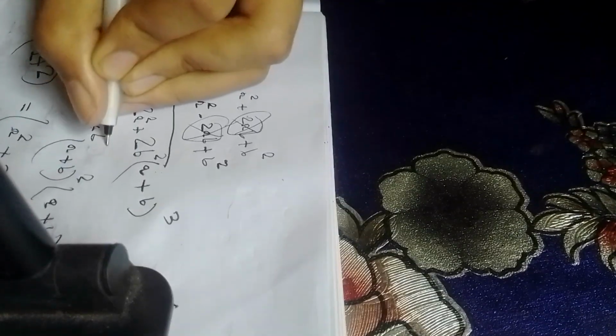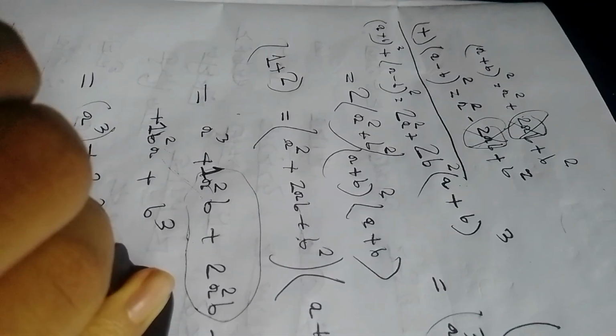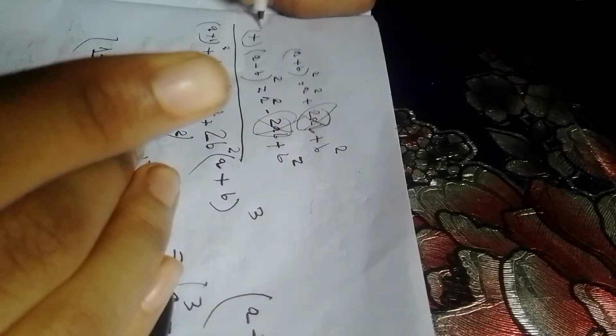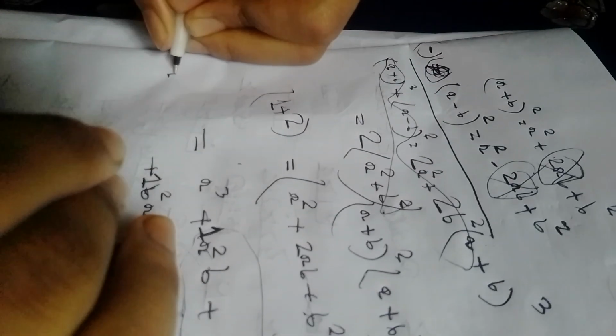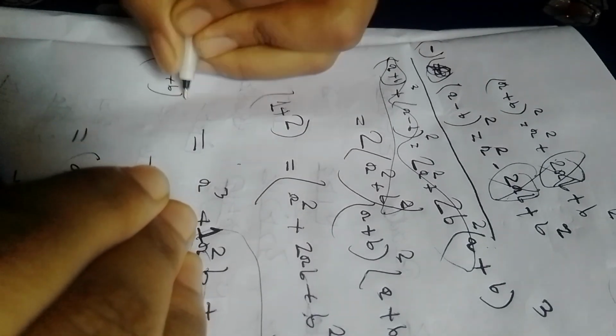We now have 2 times a square plus b square. Also another formula. And this is not the only one. If we did subtraction, then we would have got another formula.